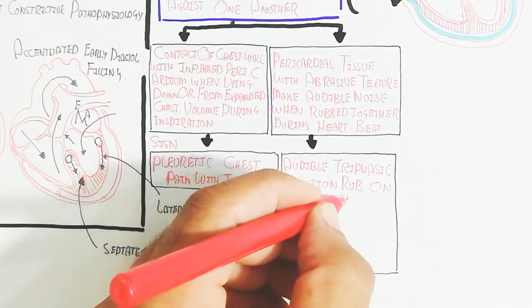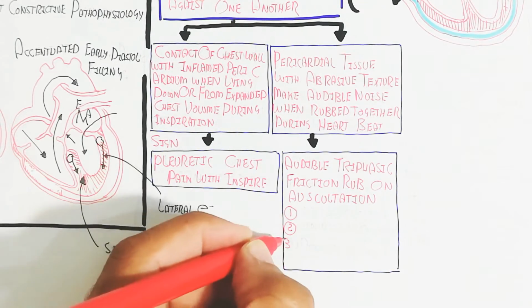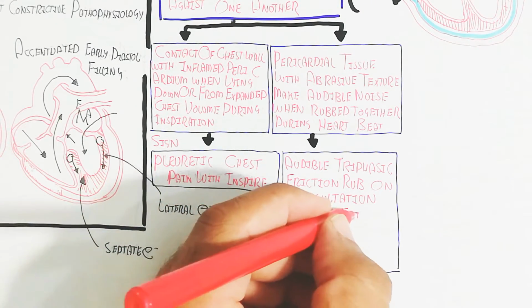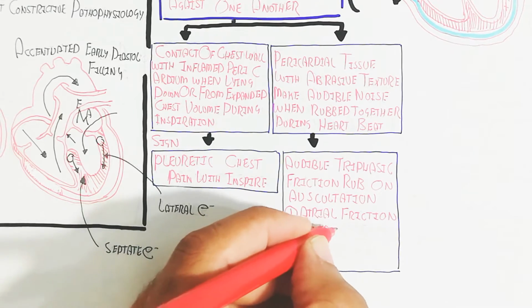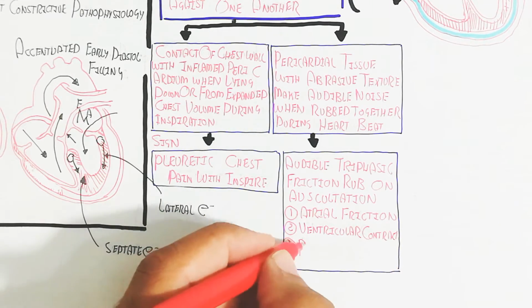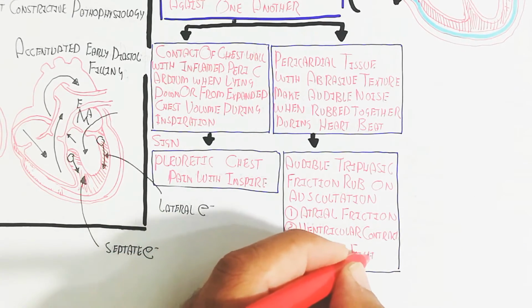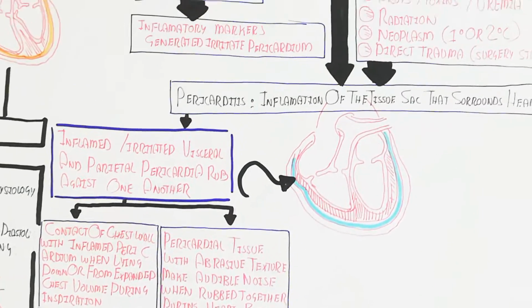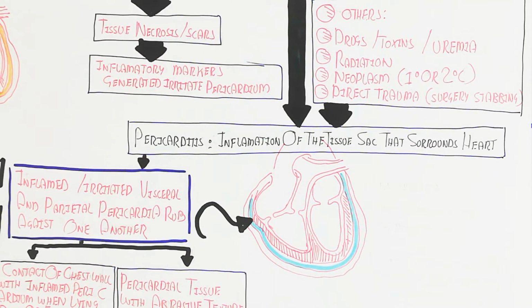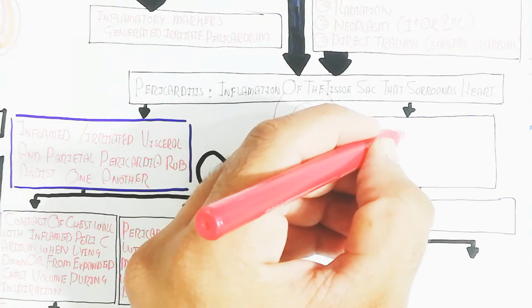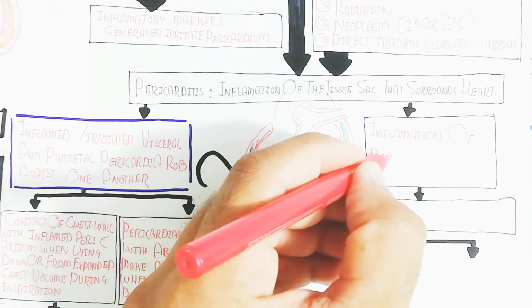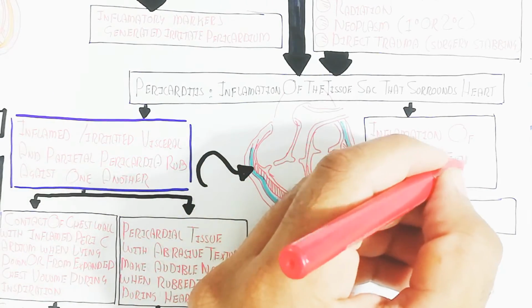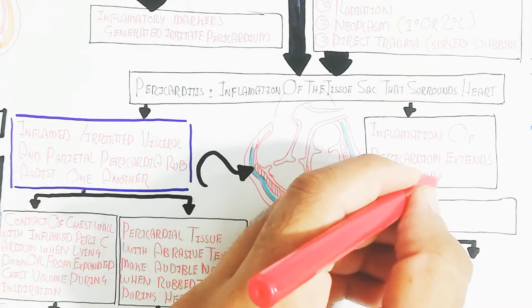There is an audible triphasic friction rub on auscultation: number one is the atrial component, two is ventricular contraction, and the third is diastolic filling.